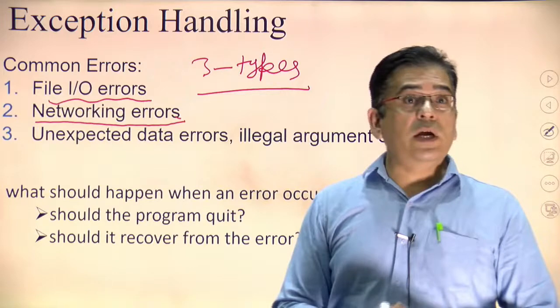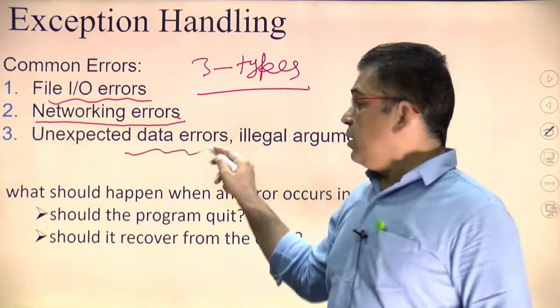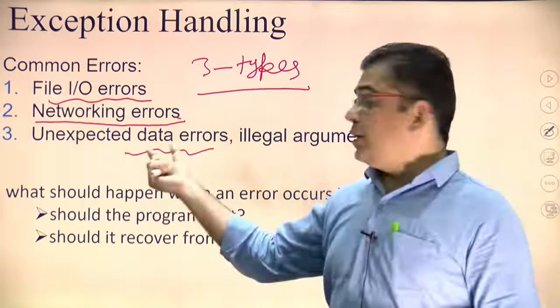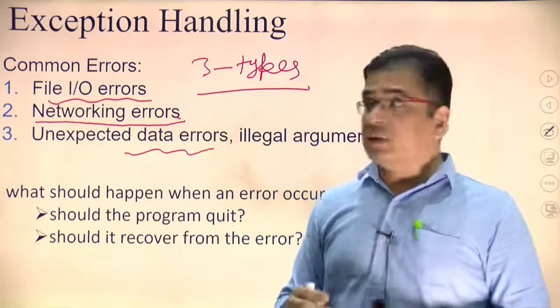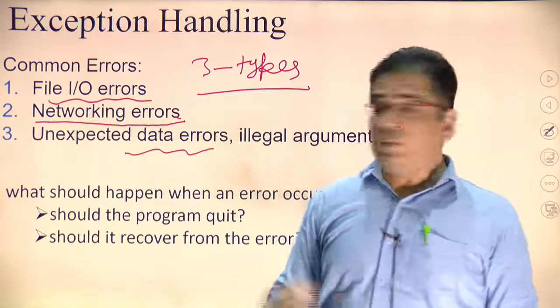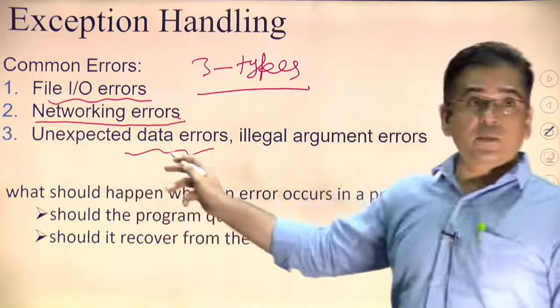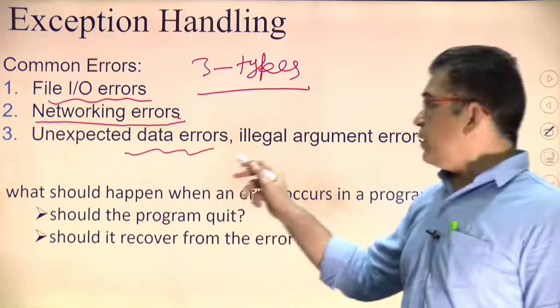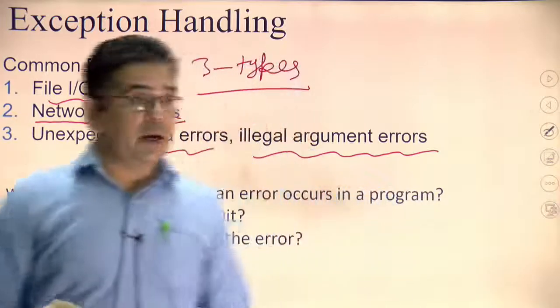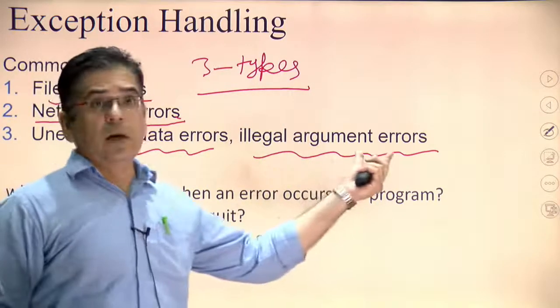There are some unexpected data errors as well. The one example I have given previously, divide by zero error, is a data error because the data value assigned to a variable does not comply with the runtime execution of the program. That kind of error is called an unexpected data error. Or there is one further case, illegal argument error. So unexpected data errors are sometimes termed as illegal argument error.